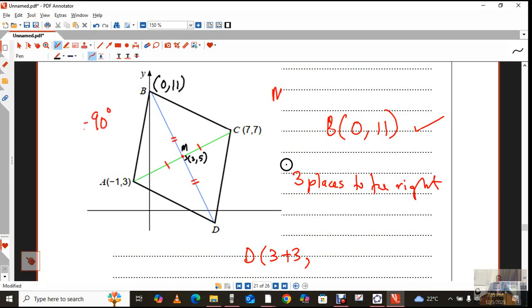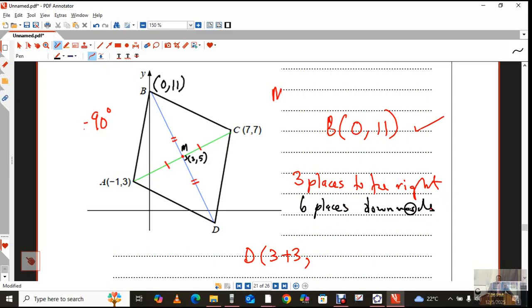And then the y, well, if you now look at going from here all the way upwards, you went from 5 to 11. How many places did you go upwards? Well, you went 6 places upwards. That is 11 minus 5. Now you're going to say, I'm going to go 6 places down.